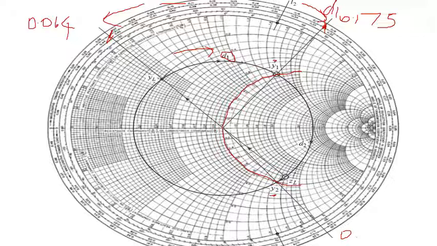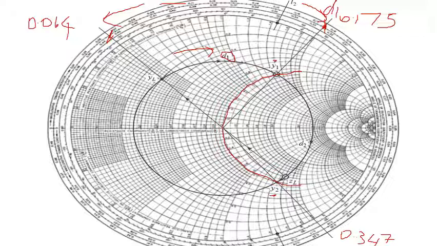So this value is 0.347. You will get an approximate value. Nothing to worry. If it is 0.345, something like that, it's fine. So you're getting 0.347 lambda.